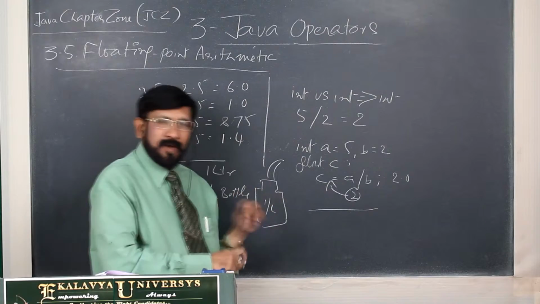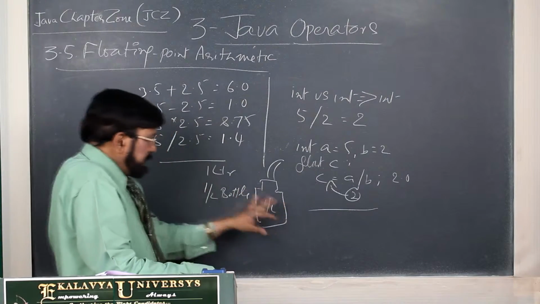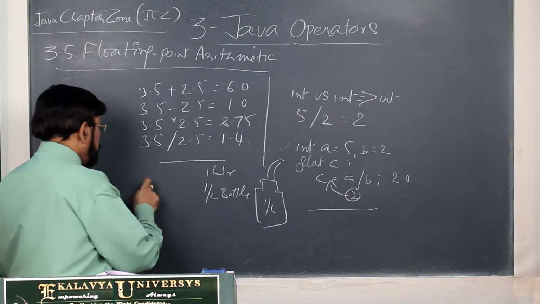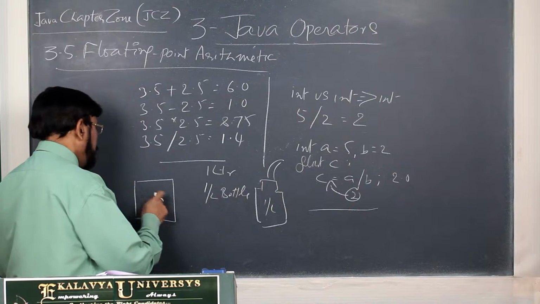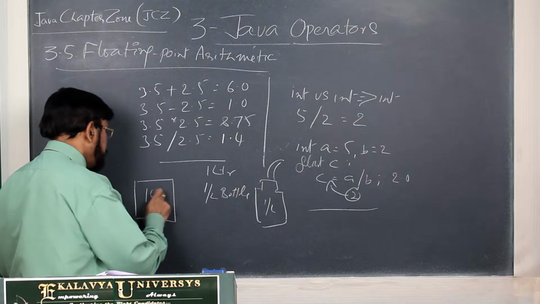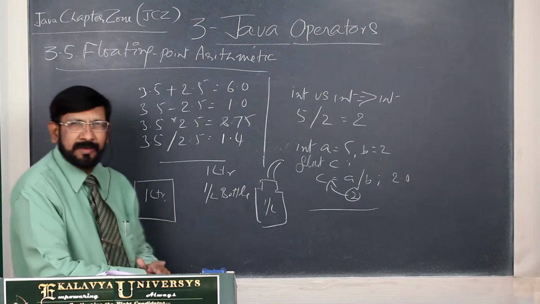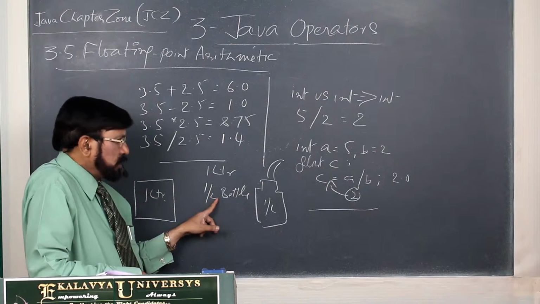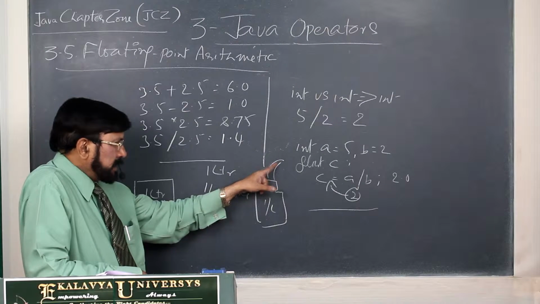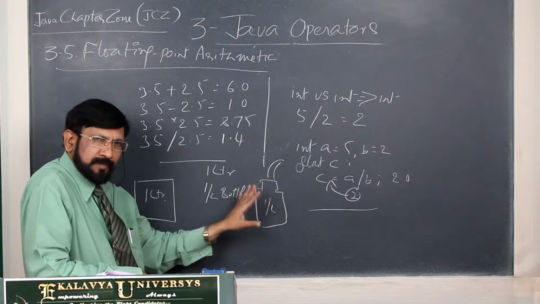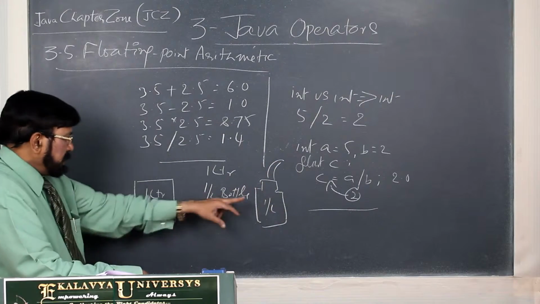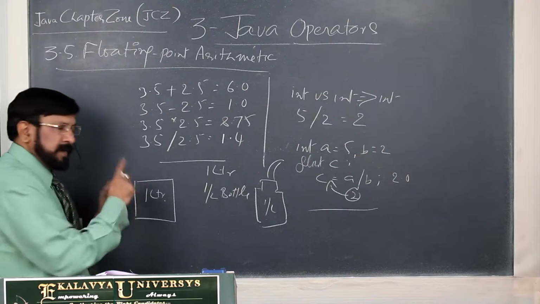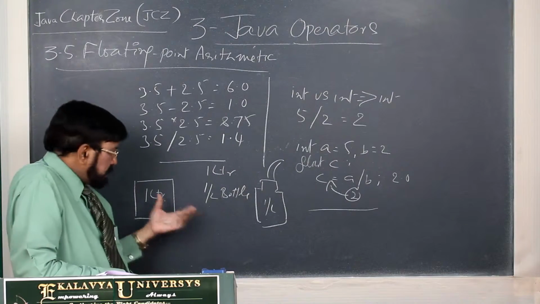Thereafter, you brought this bottle home and poured the milk in a 1 liter vessel. These are the facts. You want to purchase 1 liter milk, but you carried a half liter bottle, and the vendor poured 1 liter milk in the half liter bottle. You brought the milk home and put it in a 1 liter vessel.